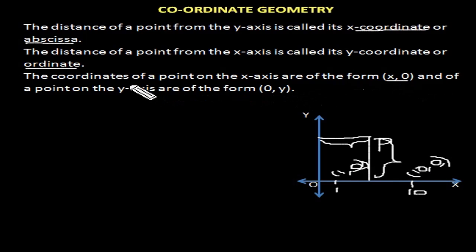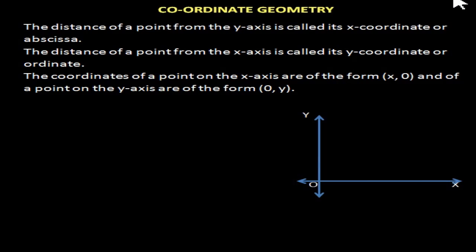So, any point on the x-axis will be of the form x, 0. Similarly, any point lying on the y-axis will be of the form 0, y. These are the definitions and points that you have learned in class 9.